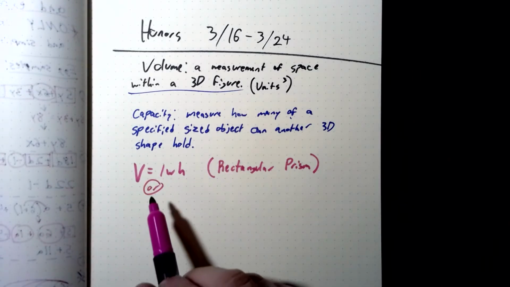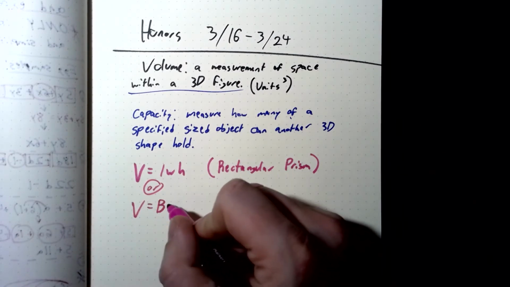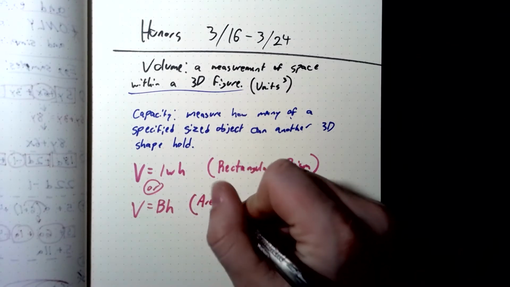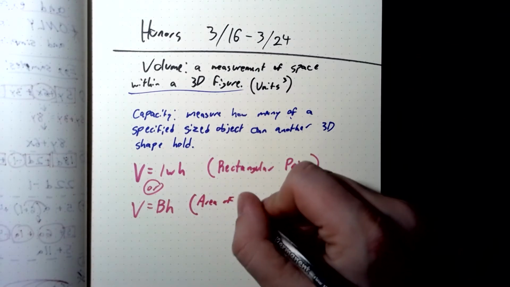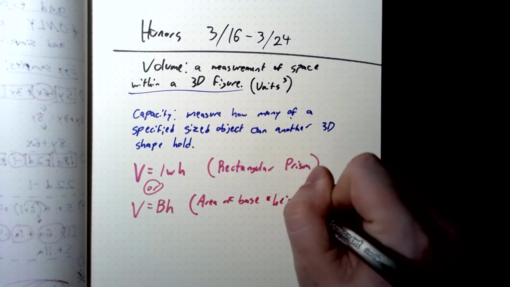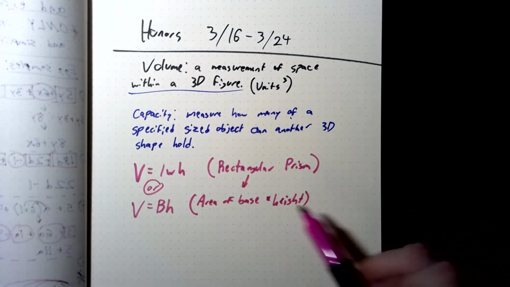Or, in a couple of specific situations, volume equals the area of the base times the height. So this is area of the base times height. And this is for the same shape. Both of these are for rectangular prisms.